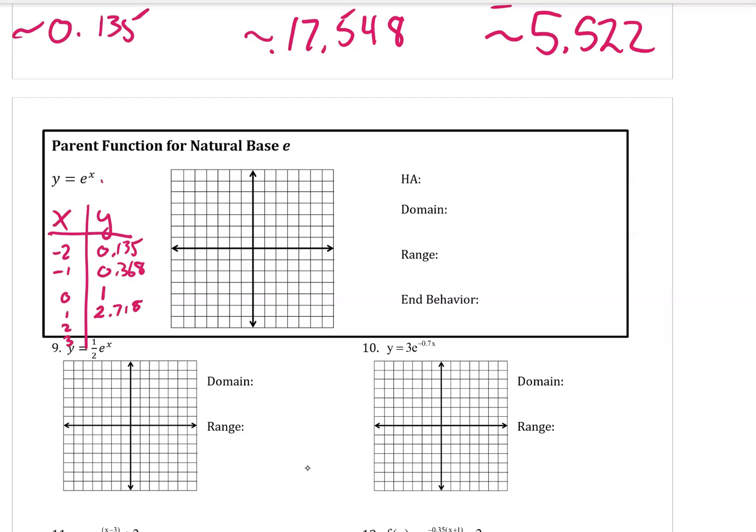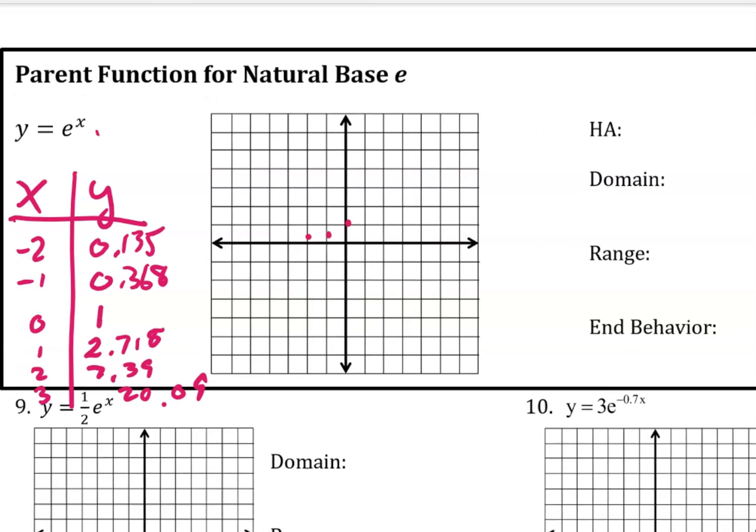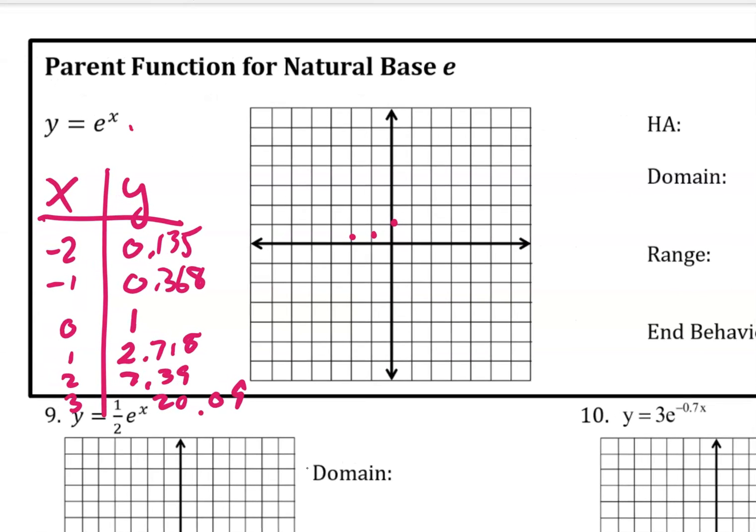Square that, 7.39. 2.718 raised to the third power, 20.09. So at negative 2, we're very small. At negative 1, we're still kind of small. At 0, we get an output of 1. At 1, we get 2.7-ish. At 2, we're a little bit off the chart already. And then at 3, it goes screaming off into the upper levels.